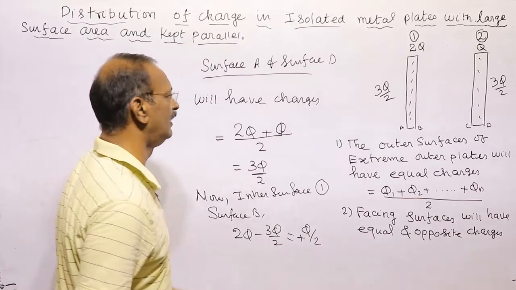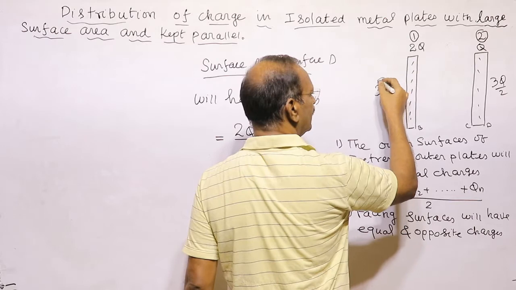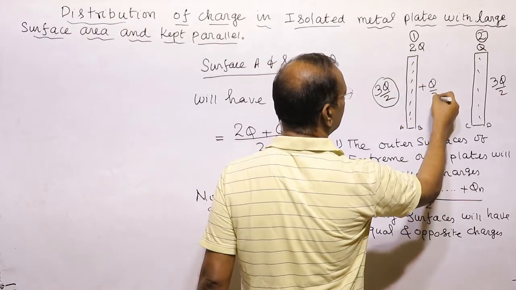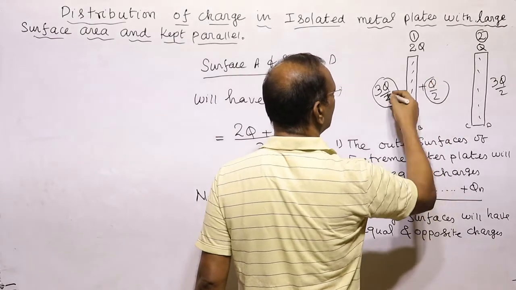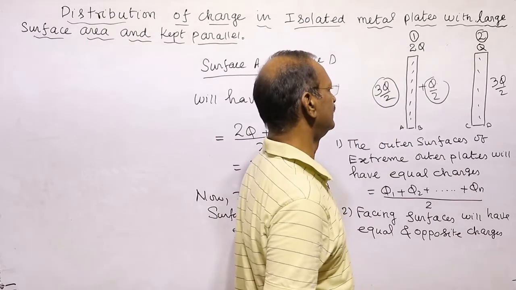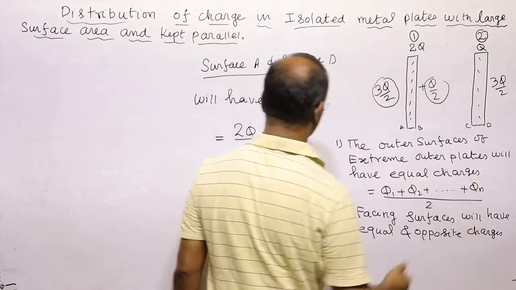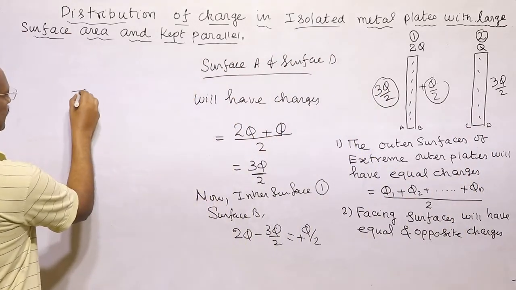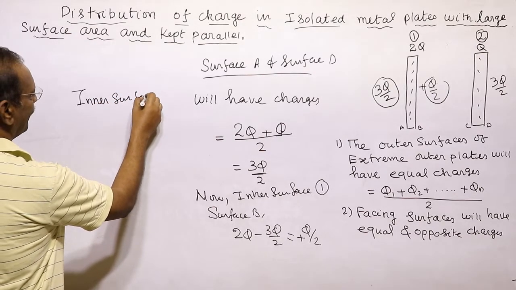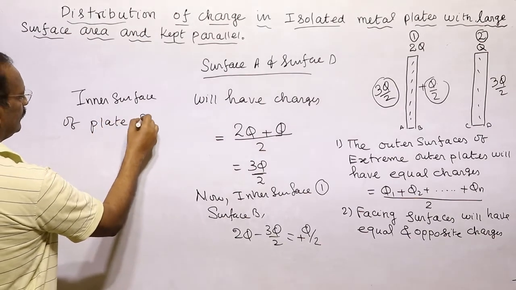Why do we say the total charge is 2q? The outer surface of this plate will have 3q by 2 and here this will have plus q by 2. Now we see when we add this and this, we will get the total charge. So what about the inner surface of plate 2?